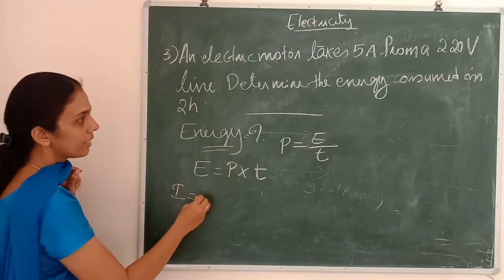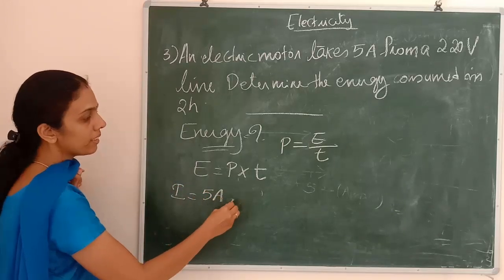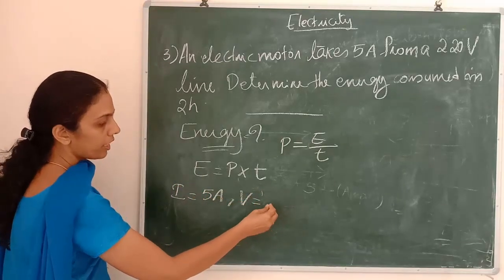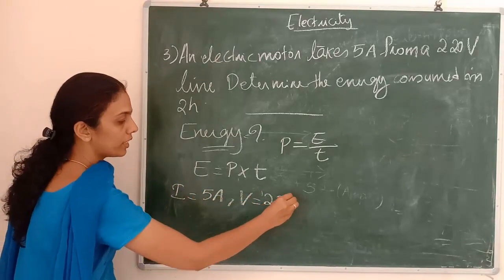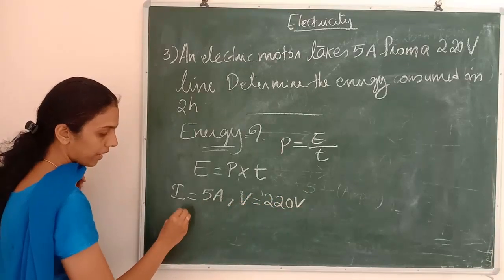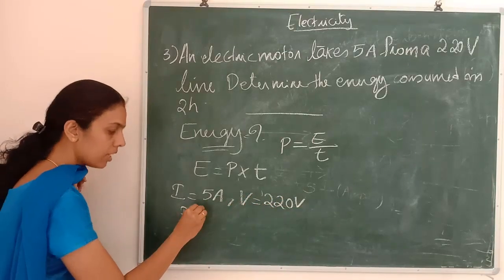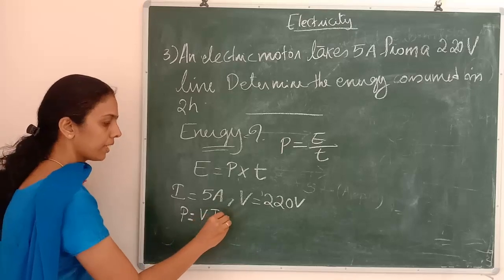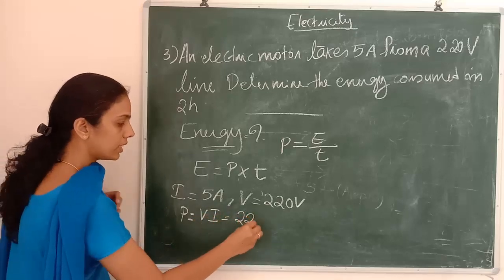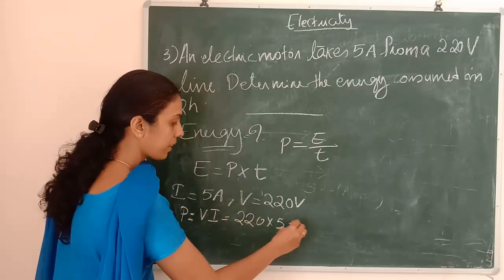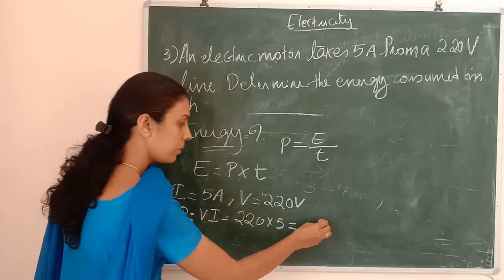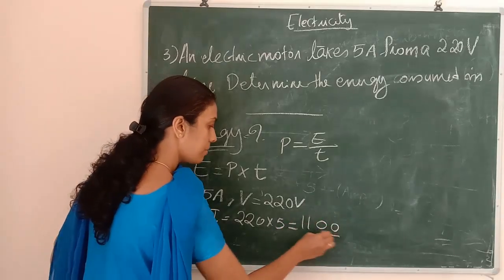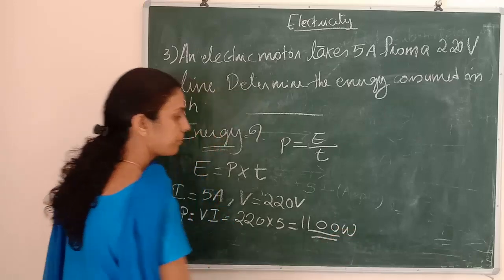So what are the given data? Current I equals 5 ampere, potential difference equals 220 volt. So we can find out the power using the formula V into I, that is 220 into 5, which is equal to 1100 watt.